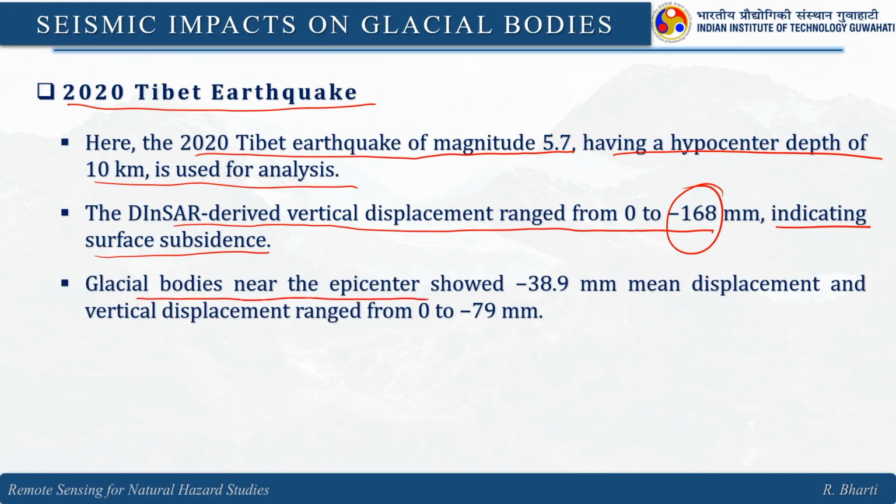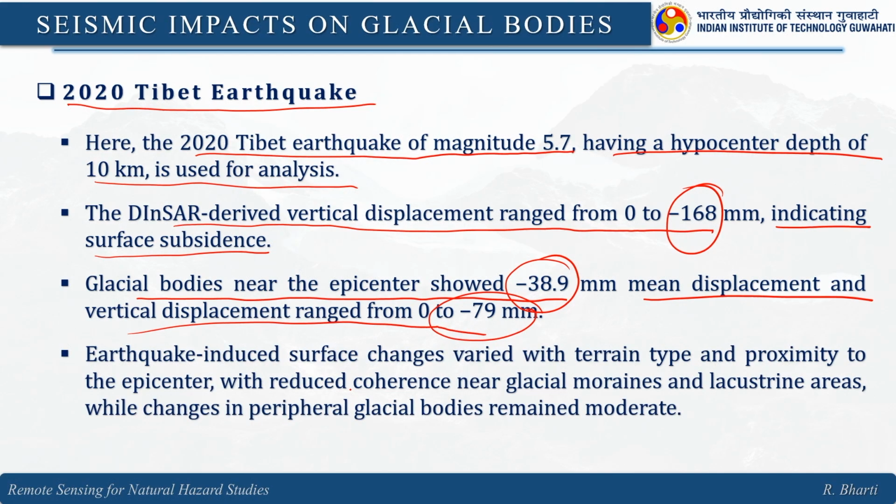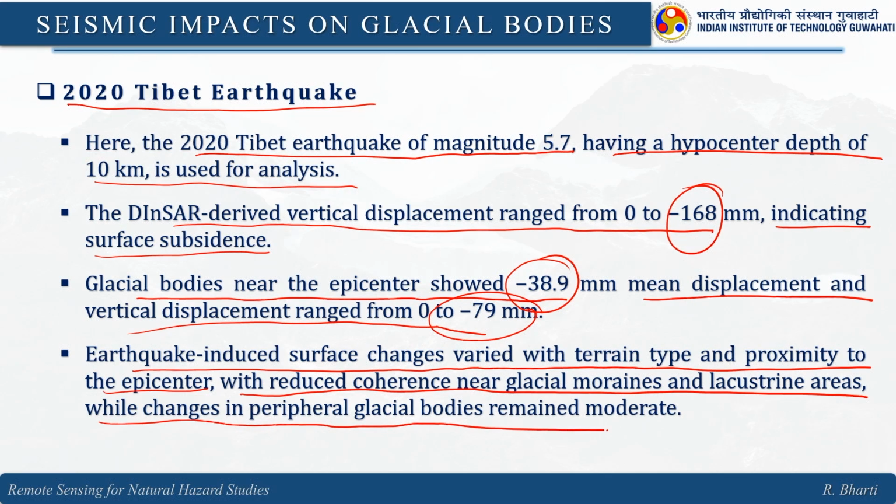Glacier bodies near the epicenter showed minus 38.9 millimeter mean displacement and vertical displacement ranged from 0 to minus 79, right. So, subsidence was more prominent here. Earthquake induced surface changes varied with terrain type and proximity to the epicenter, with reduced coherence near glacier moraines and lacustrine areas, while changes in peripheral glacial body remain moderate. So, that is from the analysis of the microwave data set.